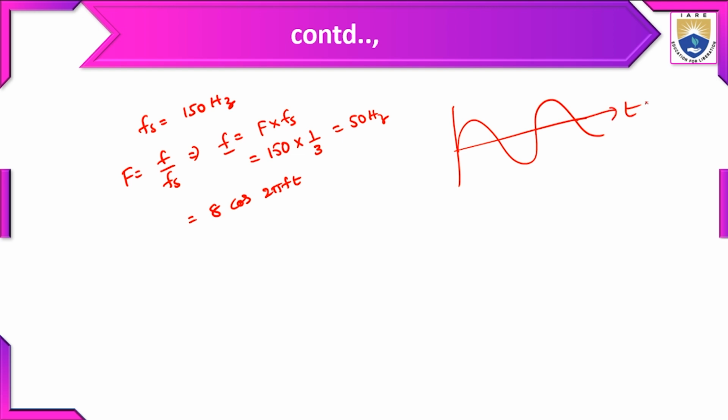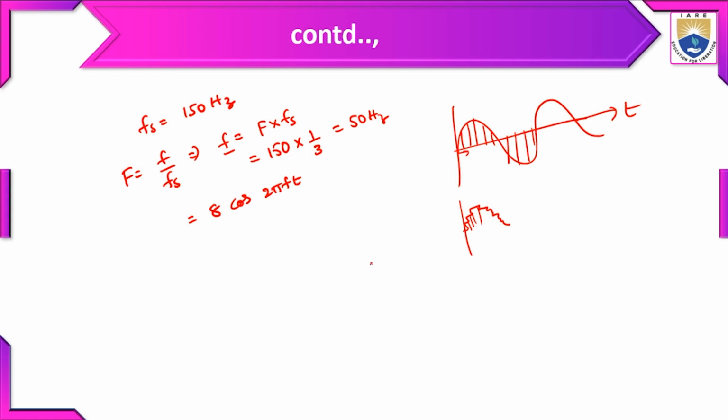So this is my t. Here I am going to sample like this, then it is in discrete form. In this way it is going to be sampled. If amplitude is also sampled, then it is called quantization.